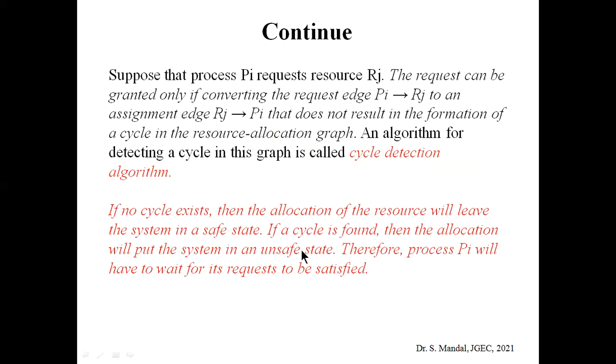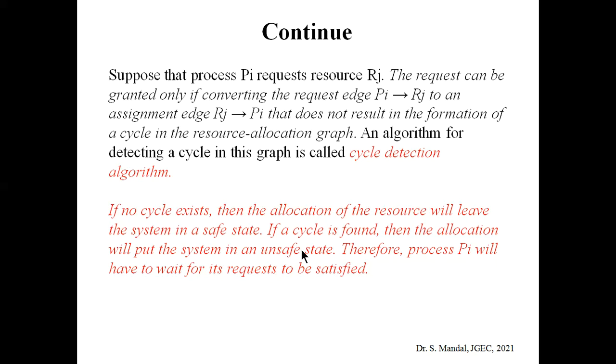Okay, so how does it actually function? Suppose that process Pi requests resource Rj. Now the request can be granted only if converting the request edge Pi to Rj to an assignment edge does not result in the formation of any cycle in the resource allocation graph.